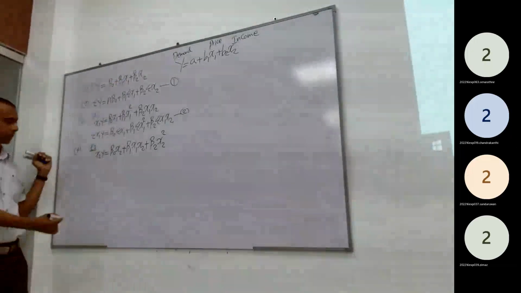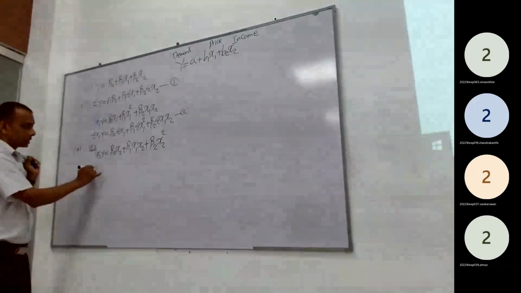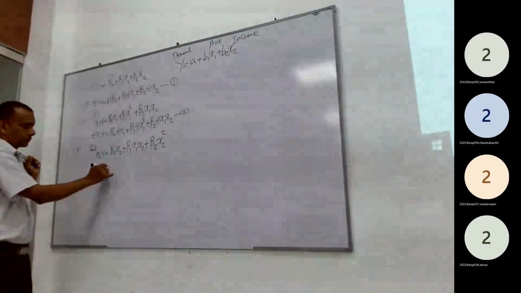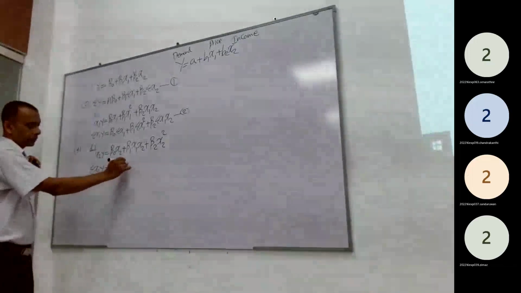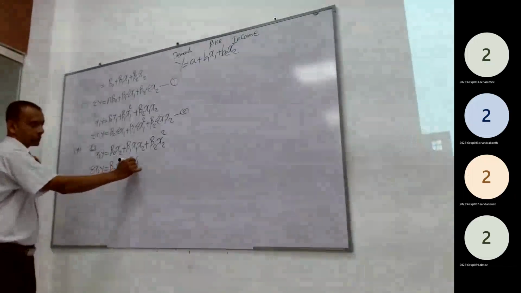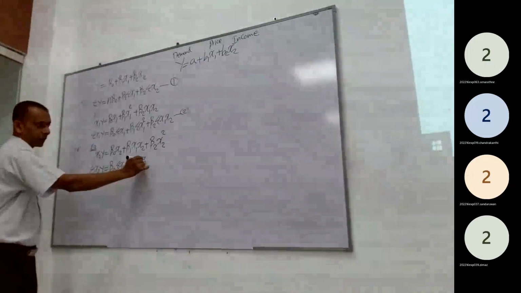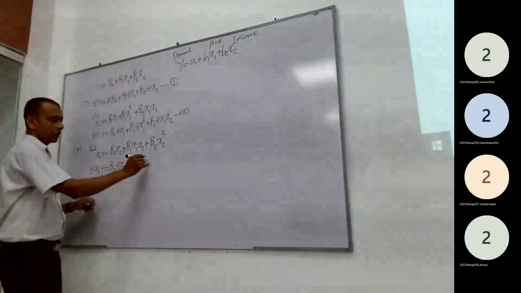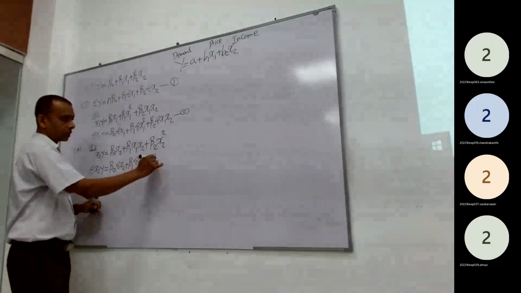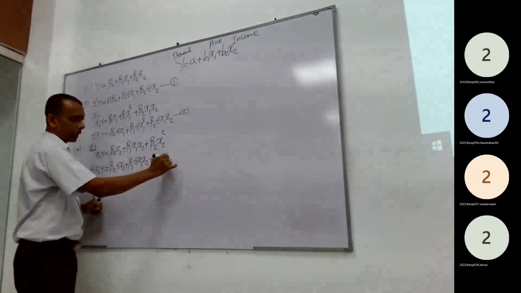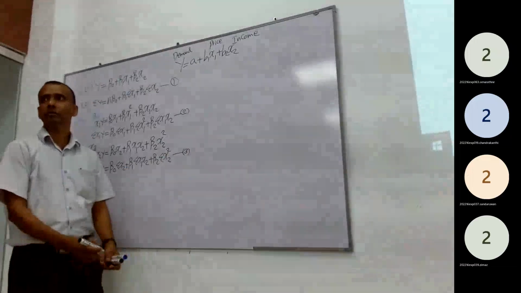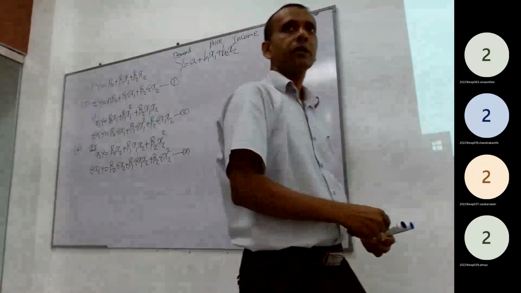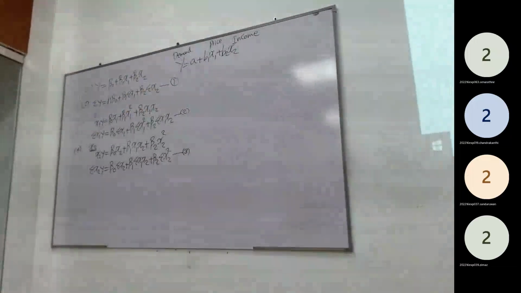Then apply sigma. Sigma x2 y equals beta 0 sigma x2 plus beta 1 sigma x1 x2 plus beta 2 sigma x2 squared. That is the third normal equation.